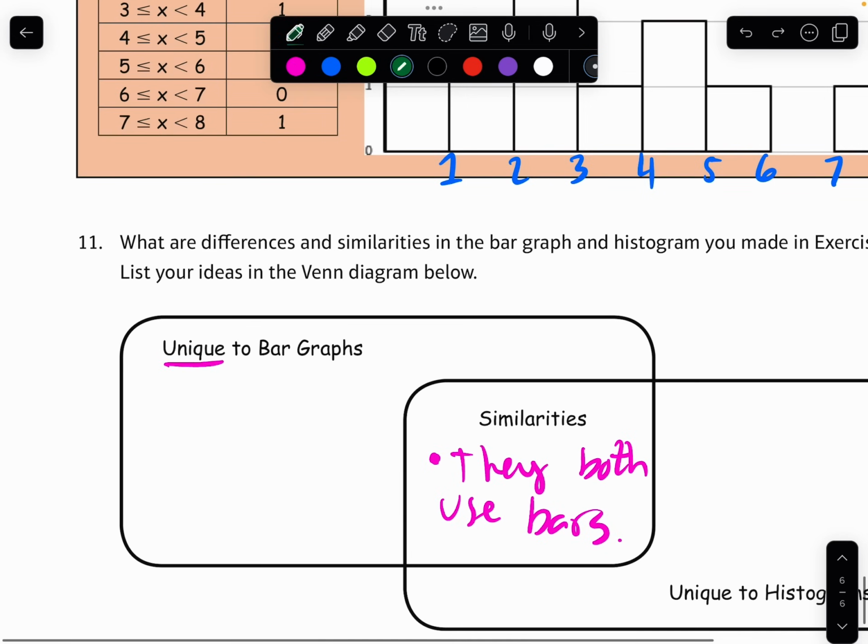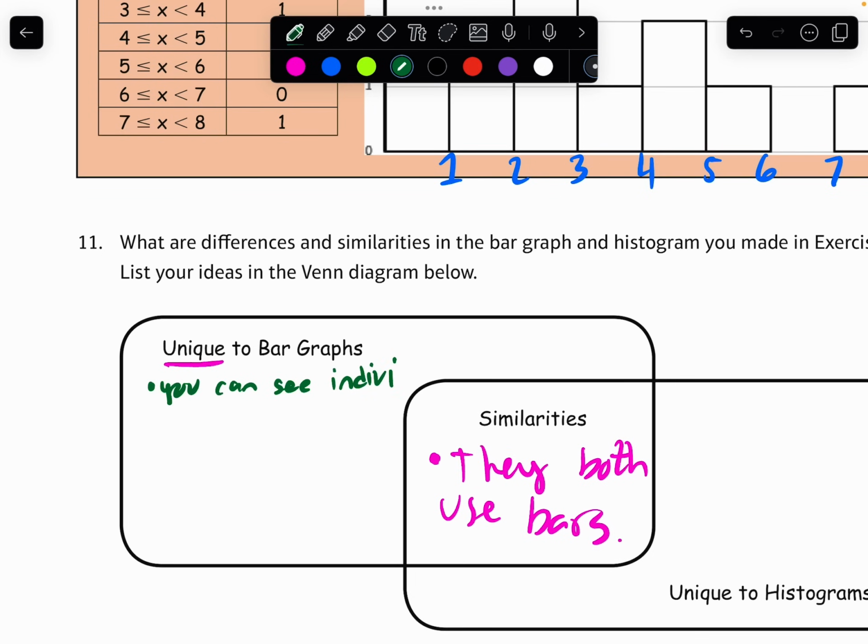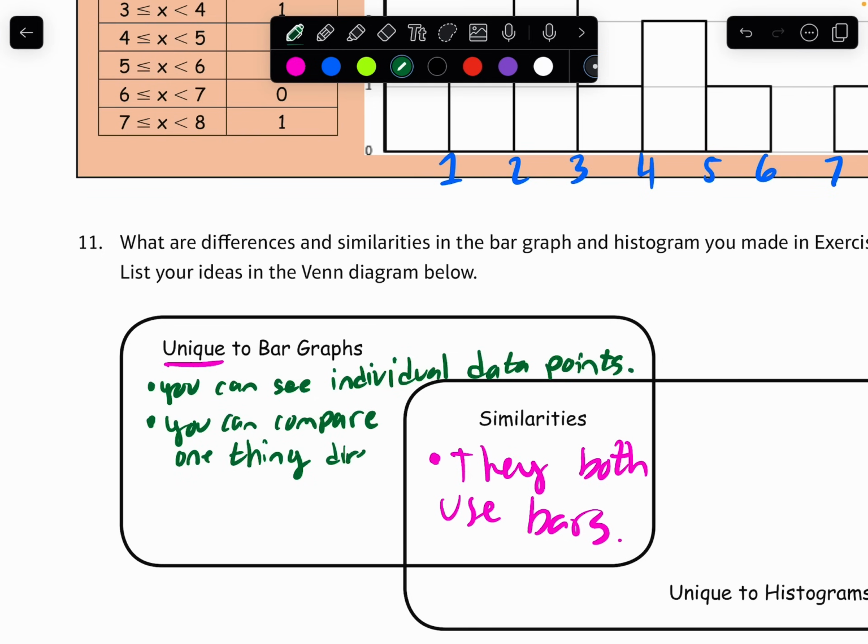So the first thing that I said was you can see individual data points. The second thing I said is you can compare one thing directly to another. I'm running out of space.